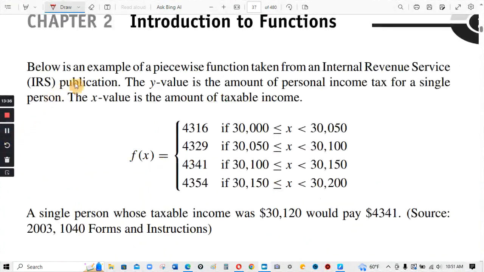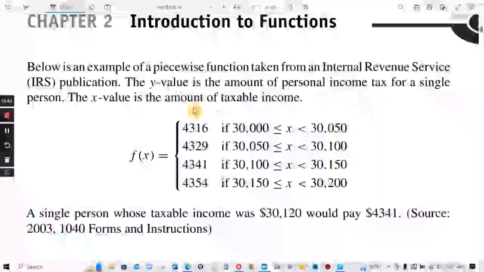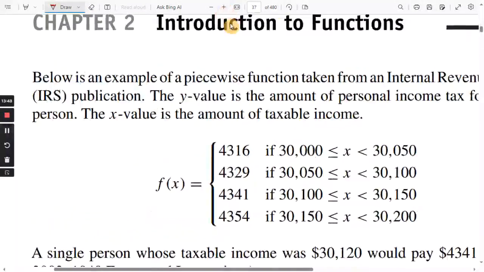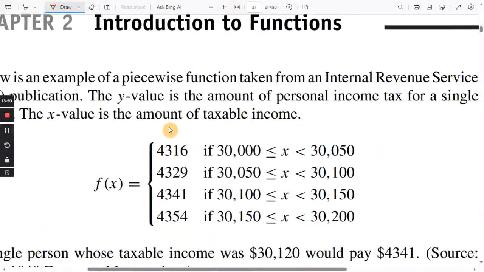Okay, below is an example of a piecewise function from the IRS. The Y value is the amount of personal income tax for a single person. The X value is the taxable income. So this column right here are the Y values, and this column right here are the X values.